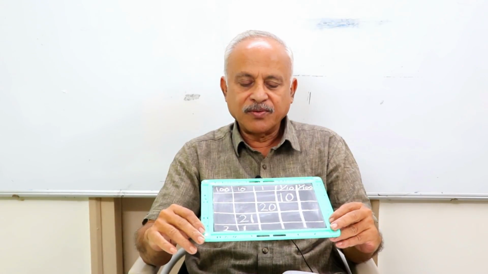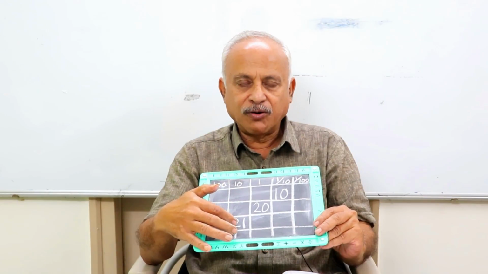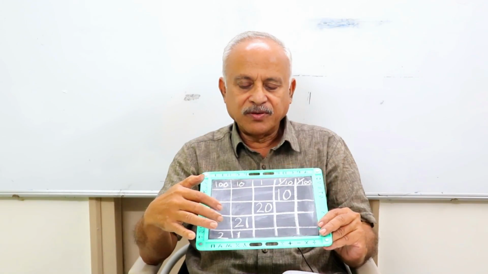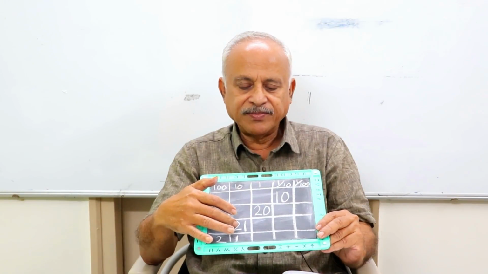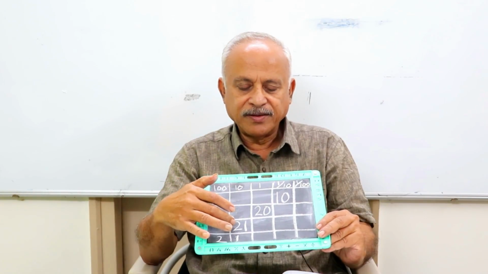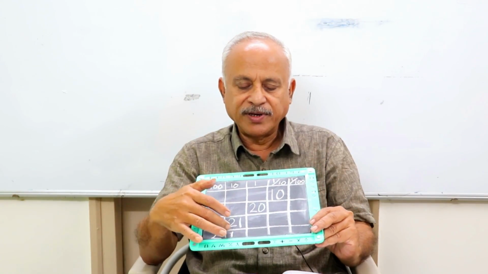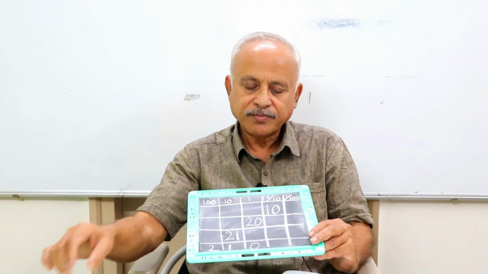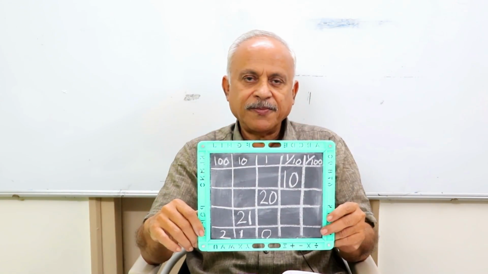So we know that 10 in a house becomes 1 in the higher house. So this 21 becomes 2 tens, but this is the house of tens. So 10 tens is 100. It becomes 2 hundreds and 1 ten. So it becomes 210. Of course, here I can put a 0. All this is just revision.